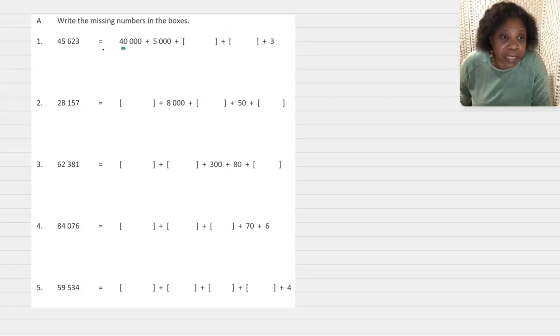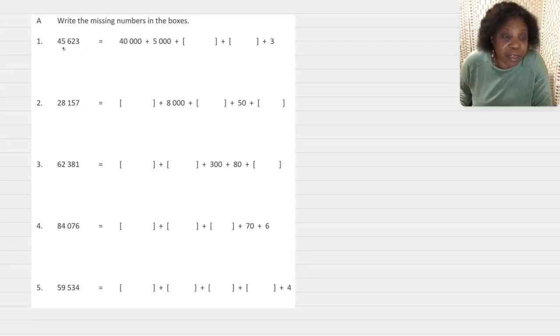Looking at question 1, we have the number 45,623. We're going to determine the place value of all the digits in the number. The value of the 4 is 40,000, as we have right here.